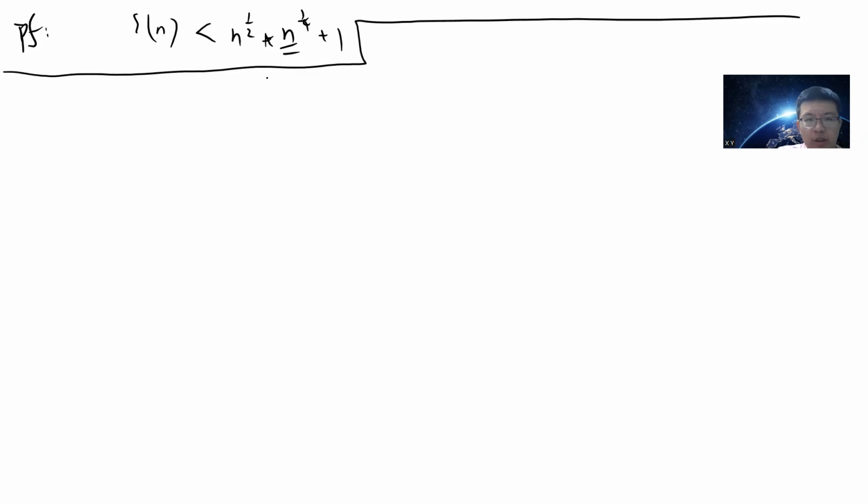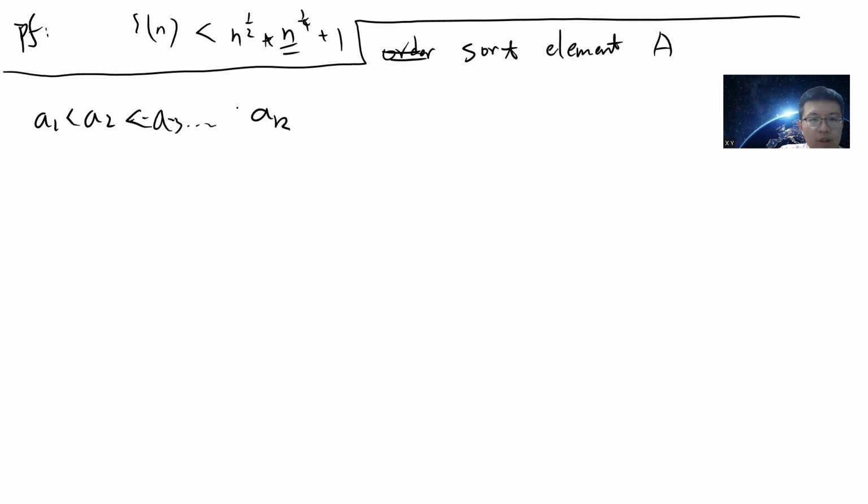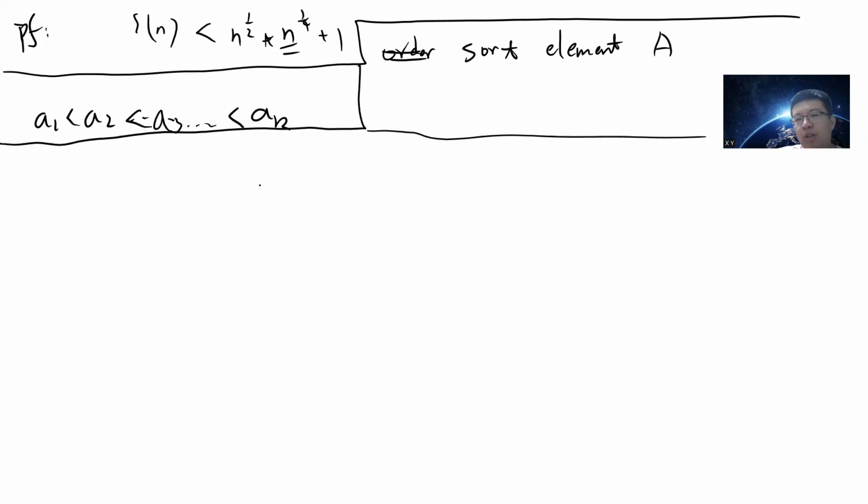Okay. So the idea is that we want to order the elements in A, right? So we want to sort the elements in A. So let's say we have A1, A2, up to AK. Okay. We can do this kind of table.